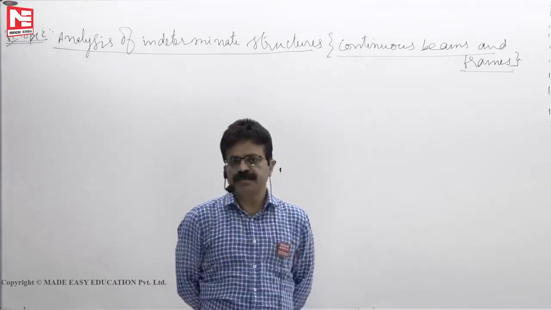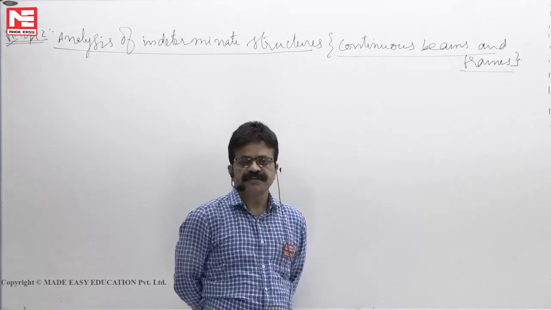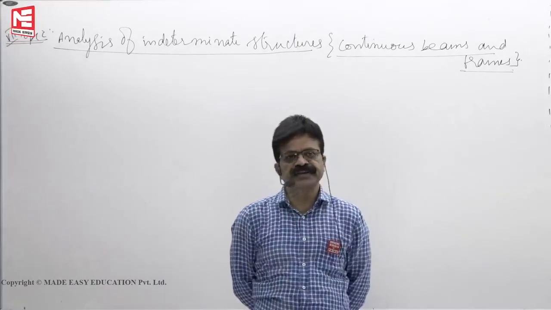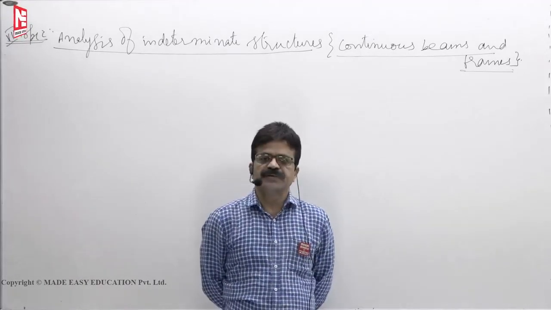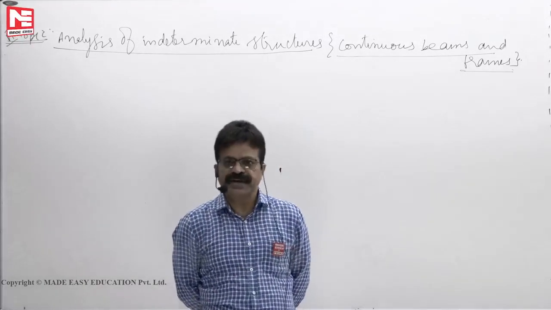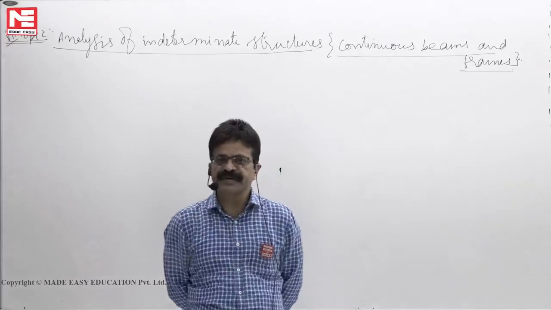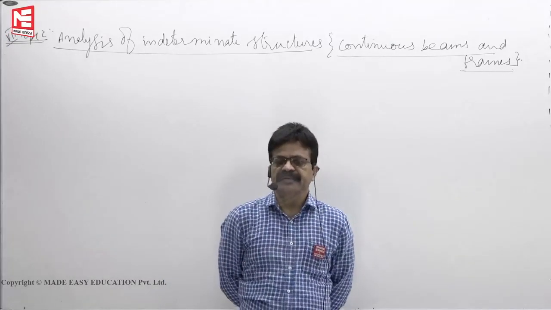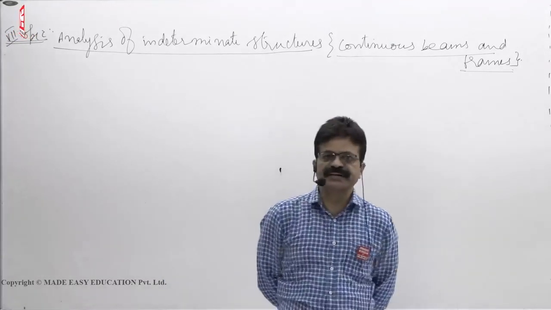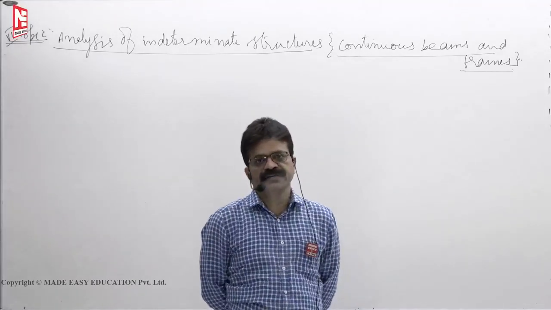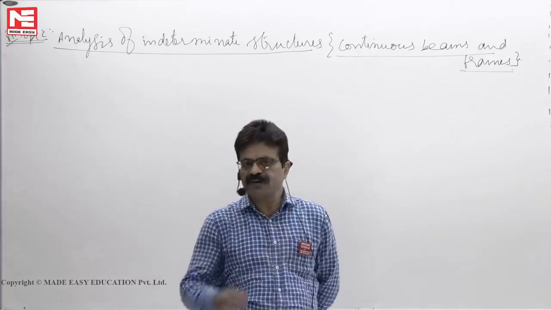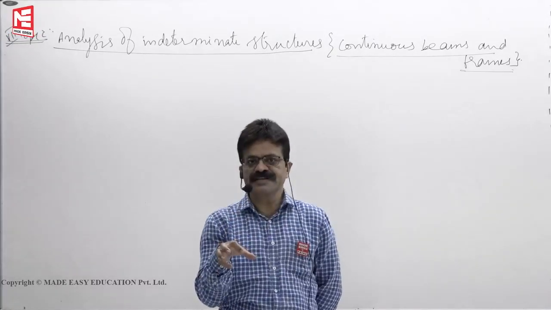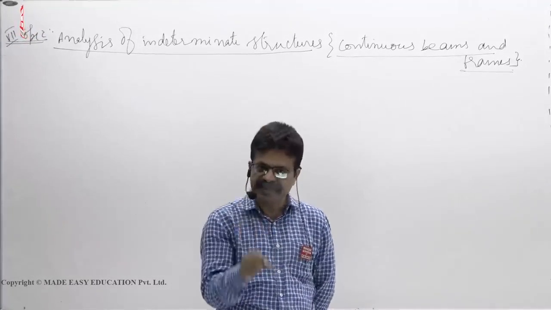In this analysis of indeterminate structures, we learn three methods. First is moment distribution method. Next, the basis of moment distribution method is slope deflection method. Next, we take the matrix methods of structural analysis, where stiffness matrix method, the basis for stiffness matrix method again is the slope deflection method. So for all the stiffness methods of analysis, slope deflection method is the basis.